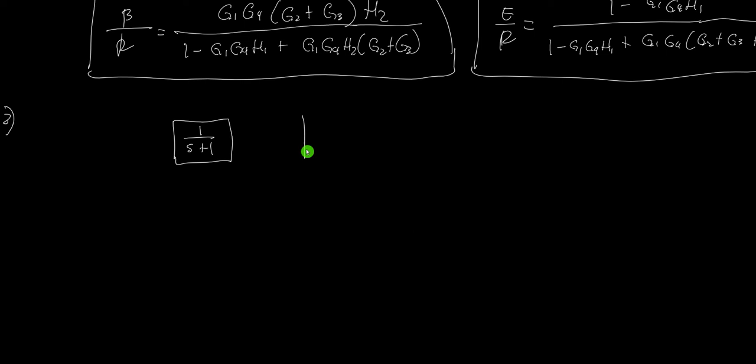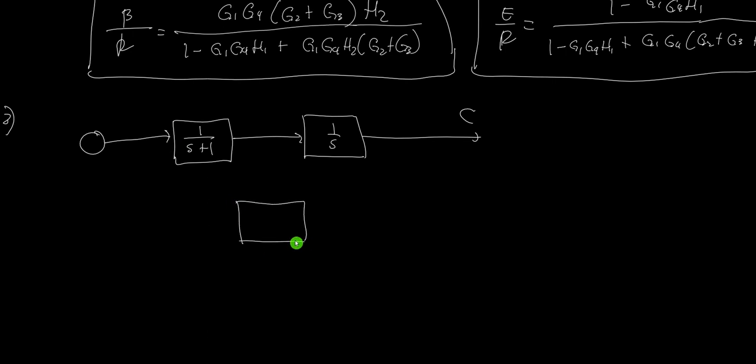Then we have another block that is equal to 1 over S, and they are cascaded. And we have an output C, and we have a summing point somewhere here. And we have a feedback, which is equal to 1 over S plus 2. That's the feedback, and we have a takeoff point. Then let's say this is a negative feedback.